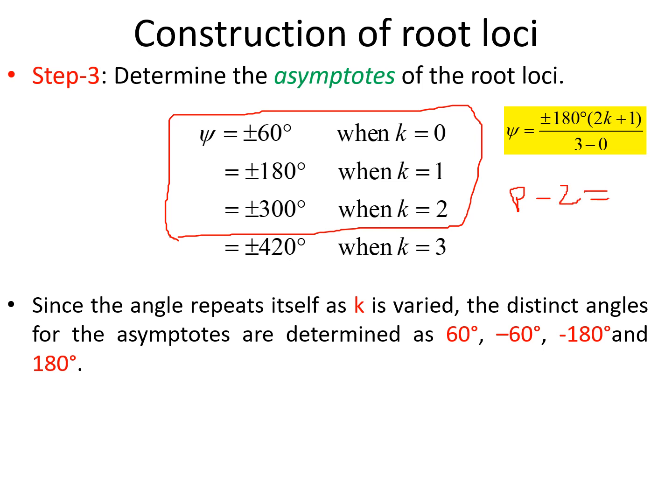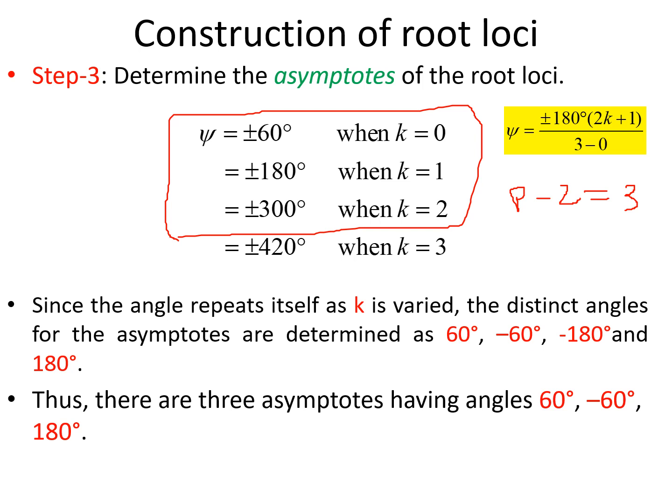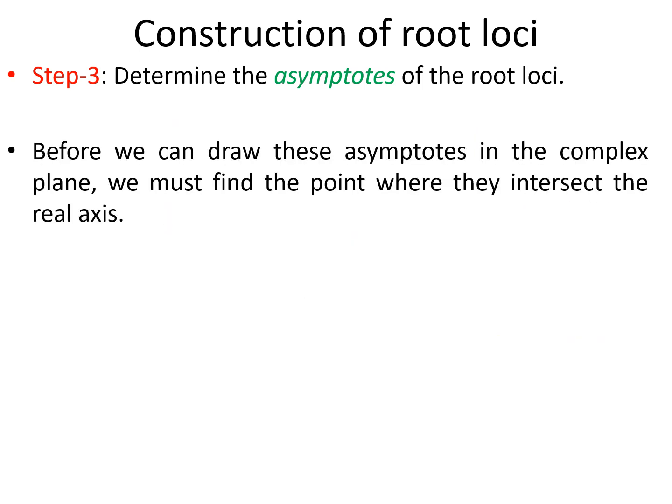Since p minus z is equal to 3, the number of poles minus the number of zeros is equal to 3, so take only 3 angle values for asymptotes. So thus we are assuming the 3 angles to be 60 degrees, minus 60 degrees and 180 degrees, or in terms of positive values, 60 degrees, 180 degrees and 300 degrees.